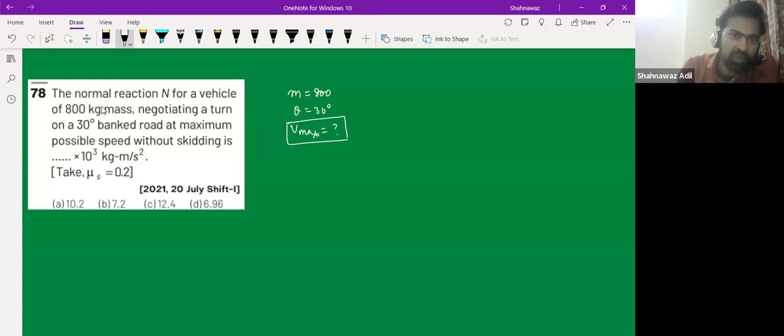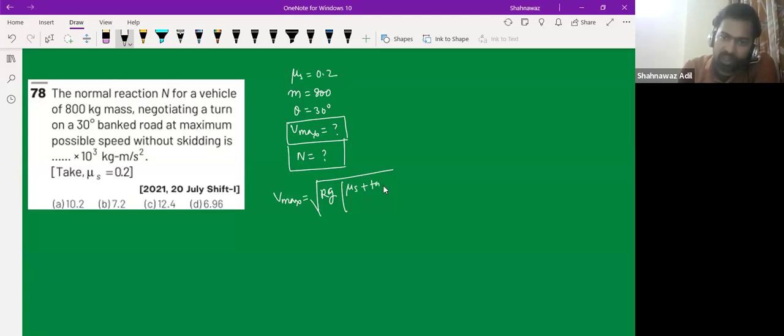We have to calculate the normal reaction. And we know that V max is root of rg times (mu s plus tan theta) divided by (1 minus mu s tan theta). Mu s is also given.